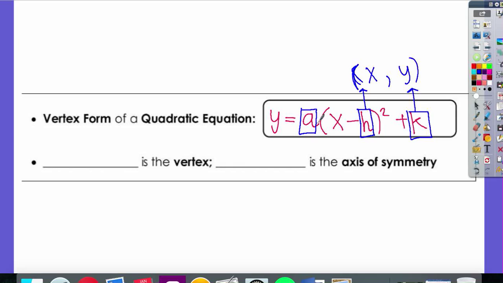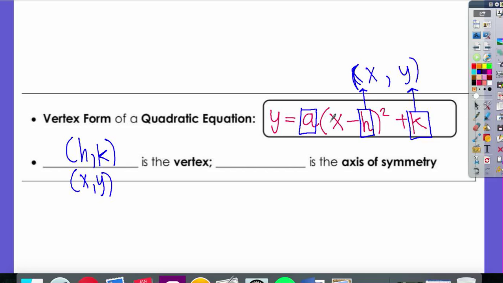So whenever I have something in vertex form and I am trying to pull the vertex out of that form, I have to remember that there's originally a minus in the formula, so I'm just taking out the value of x. So the point (h, k) is really the vertex, but you've got to remember to take out the x for what it is.